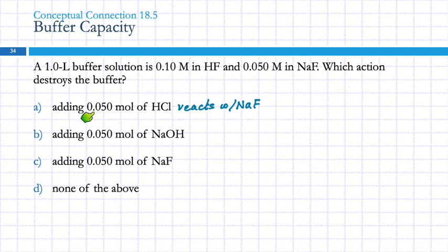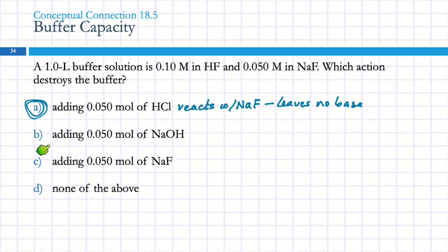And how does this amount compare to the amount of that base that's in the buffer? It's the same. So adding 0.05 moles of HCl is going to take out all of the conjugate base. Is that going to destroy the buffer? Oh yeah. So this one is going to destroy the buffer. That leaves no base.